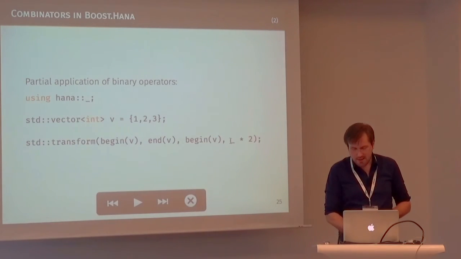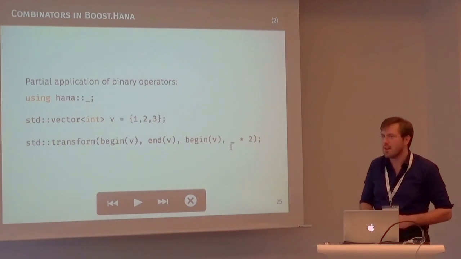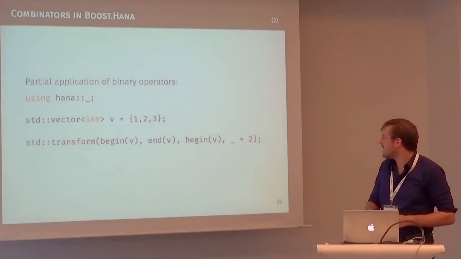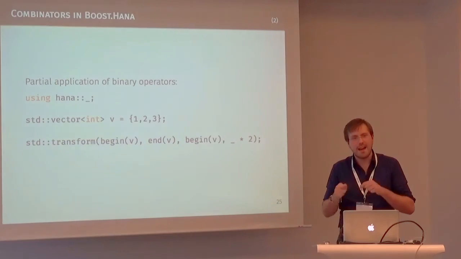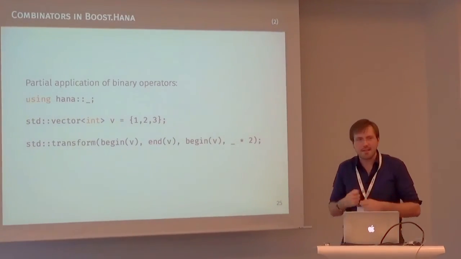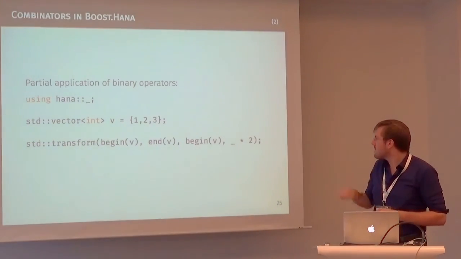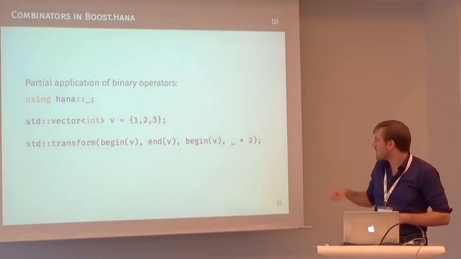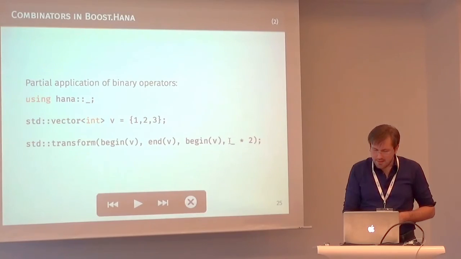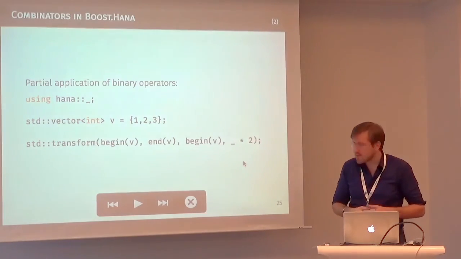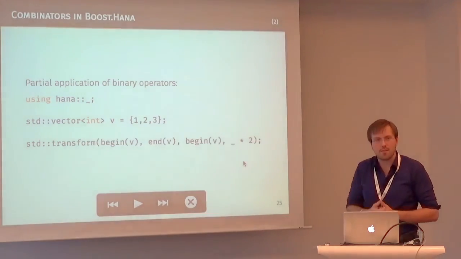This is a syntactic shortcut that functional programming languages have always had, but in C++ we would have to declare a lambda that takes a parameter and multiplies it by 2. We can just write like here, and it returns a function object that takes 1 parameter and multiplies it by 2.